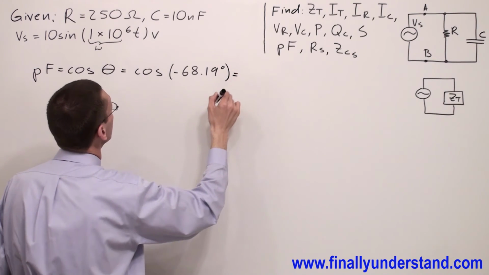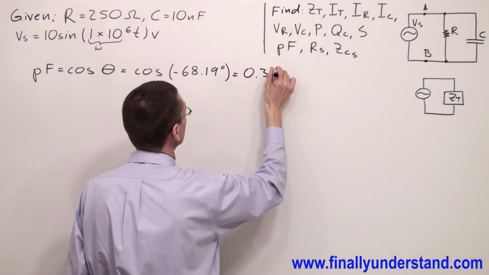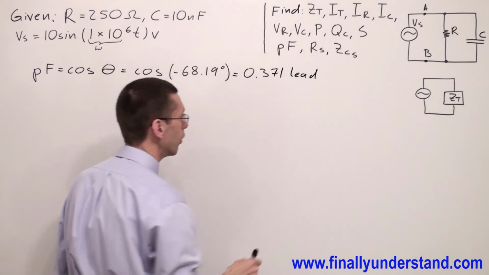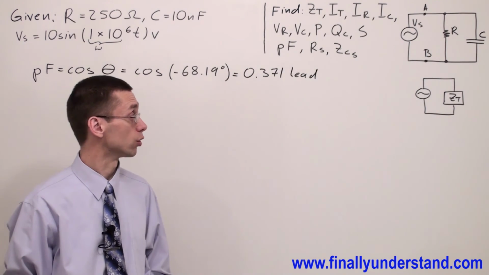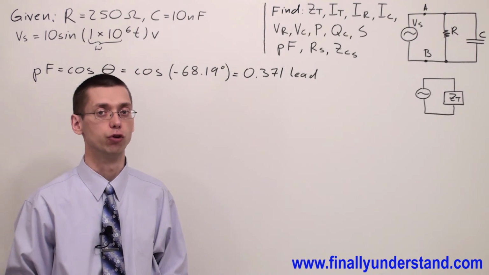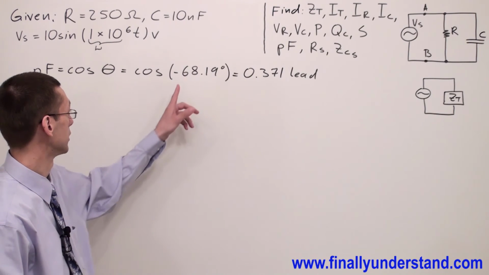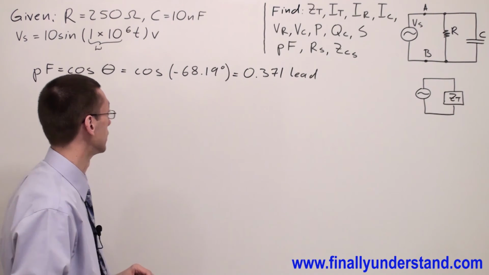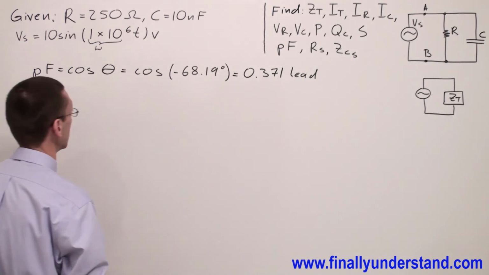This is equal to 0.371 lead. Why lead? Because current total is leading the voltage source by a certain angle, basically this angle, 68.19 degrees. So that's why I'm supposed to use the word lead.